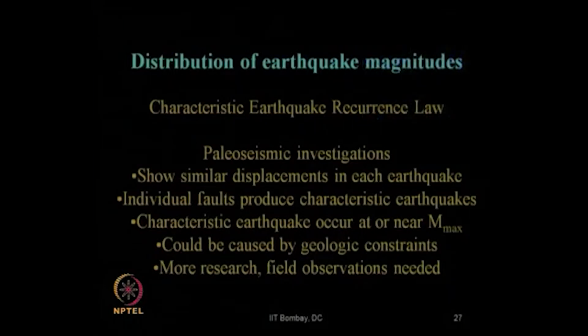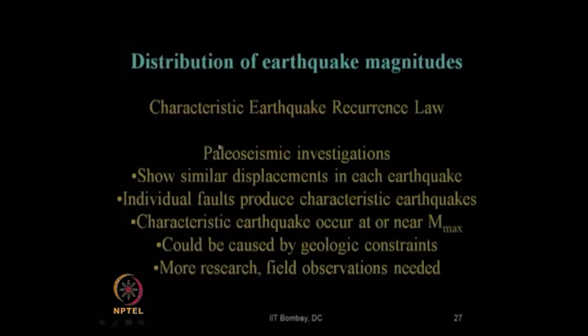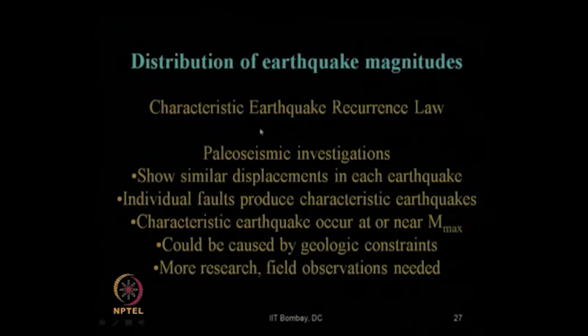Now, if we talk about the distribution of earthquake magnitudes, like what are the characteristics of the earthquake recurrence law, we can see that paleoseismic investigations and all the investigations are taken into account while developing any earthquake recurrence law. They show similar displacement in each earthquake. Individual faults produce characteristic earthquakes, which occur at or near m max and could be caused by geologic constraints, and more research and more field observations are required.